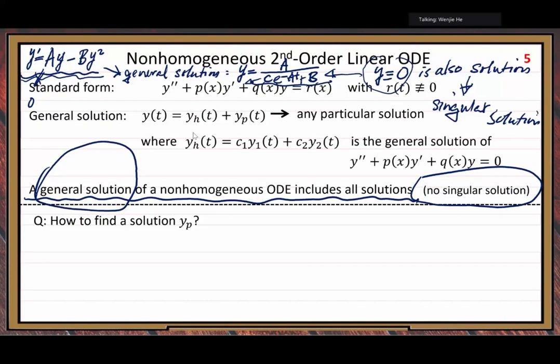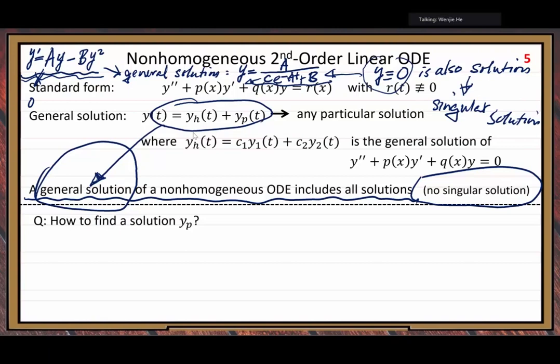Now let's understand this for the non-homogeneous second order linear ODE. Here we talk about the general solution of the non-homogeneous system. The general solution is in this format: the YH part plus the YP part.